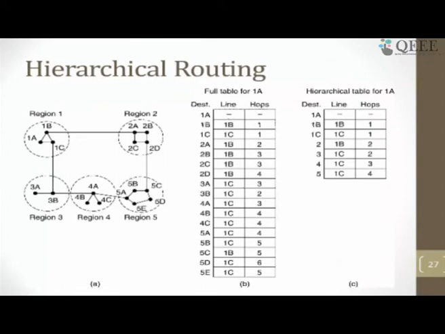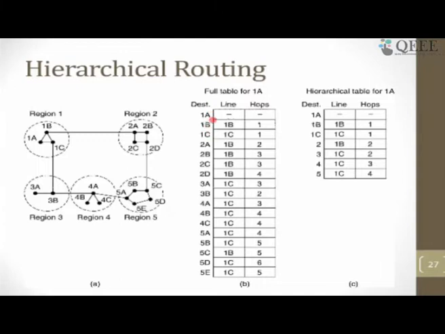One way of doing it is ignoring the regions. If we ignore the regions, this is straightforward: there are nodes and everybody is connected to everybody, and we have to build up the routing table for every node.